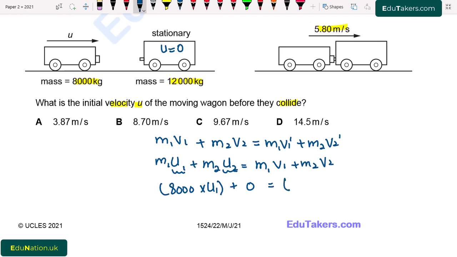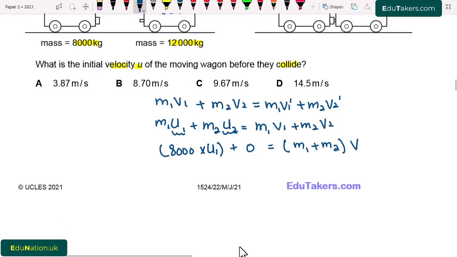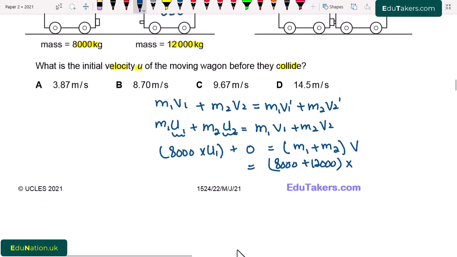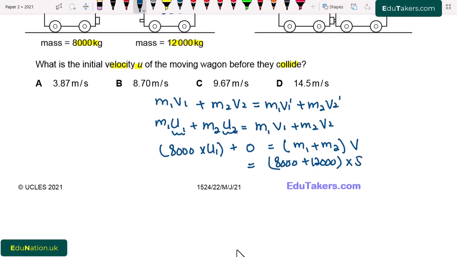So I write here (m1 + m2) multiplied by v, where v is the velocity 5.80 meter per second. So here mass will be 8,000 + 12,000 multiplied by 5.80, and it will be 8,000 u1.